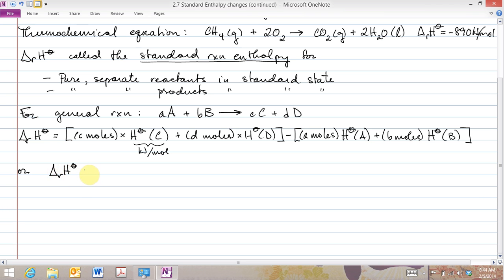use the summation, the capital sigma, to denote summation. So for any reaction, no matter how many products or how many reactants you have, you take the sum of the standard enthalpies of the products and from that you subtract the sum of the enthalpies of the reactants.